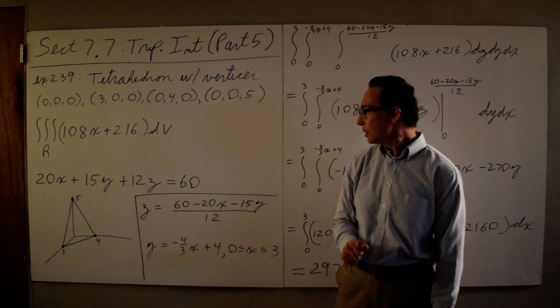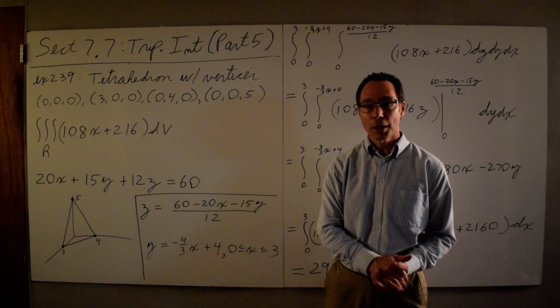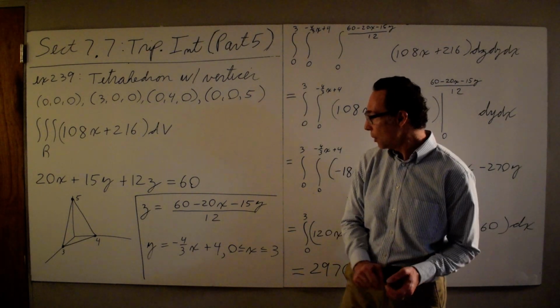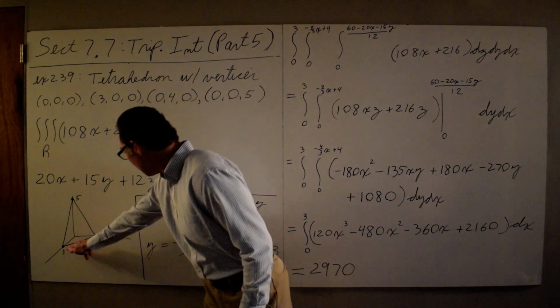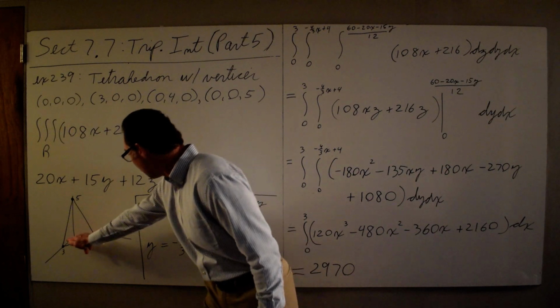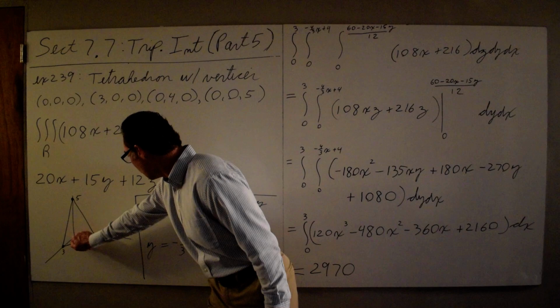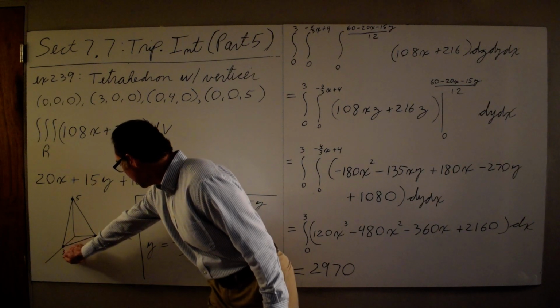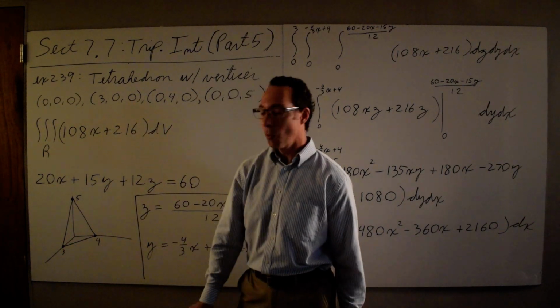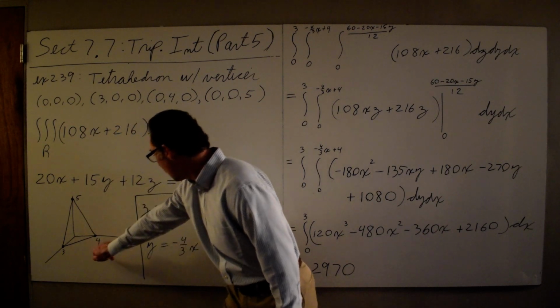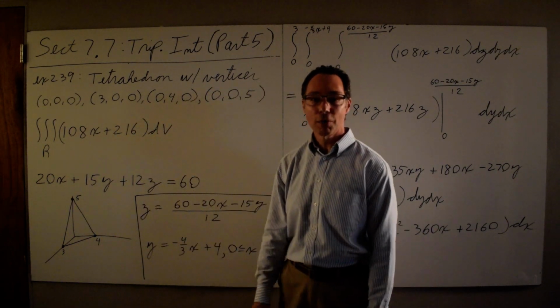Reason we're doing this is now we're setting our tetrahedron up as a type 1 region in R3. That means our projection onto the xy plane is this triangle down here with vertices the origin, (3, 0), and (0, 4). Or we could say (3, 0, 0), (0, 4, 0) if we want to think of those in R3.